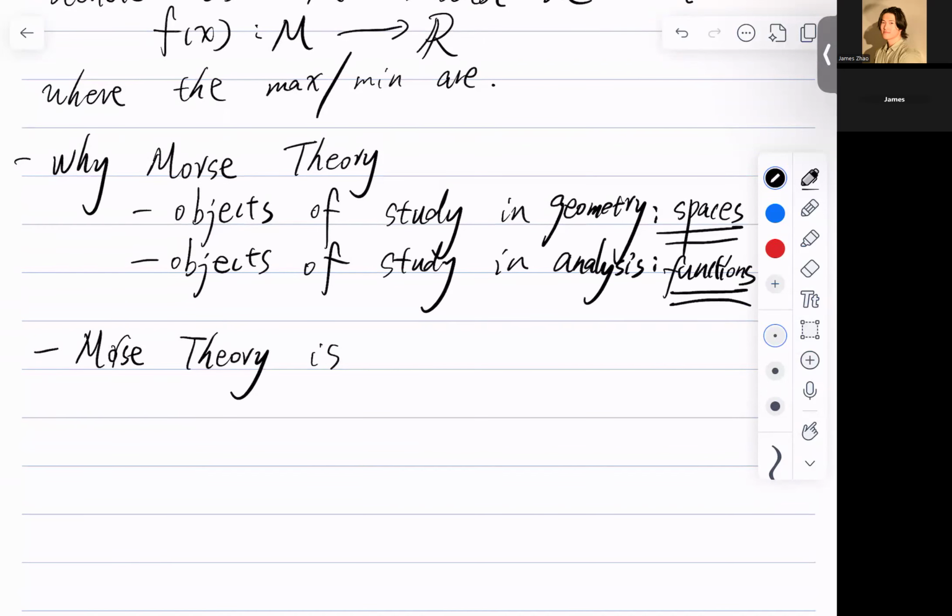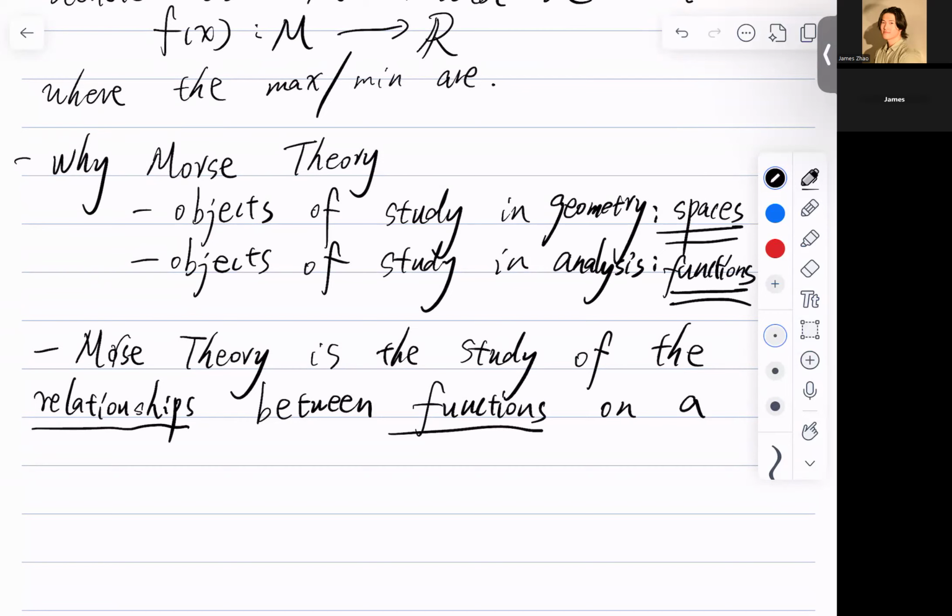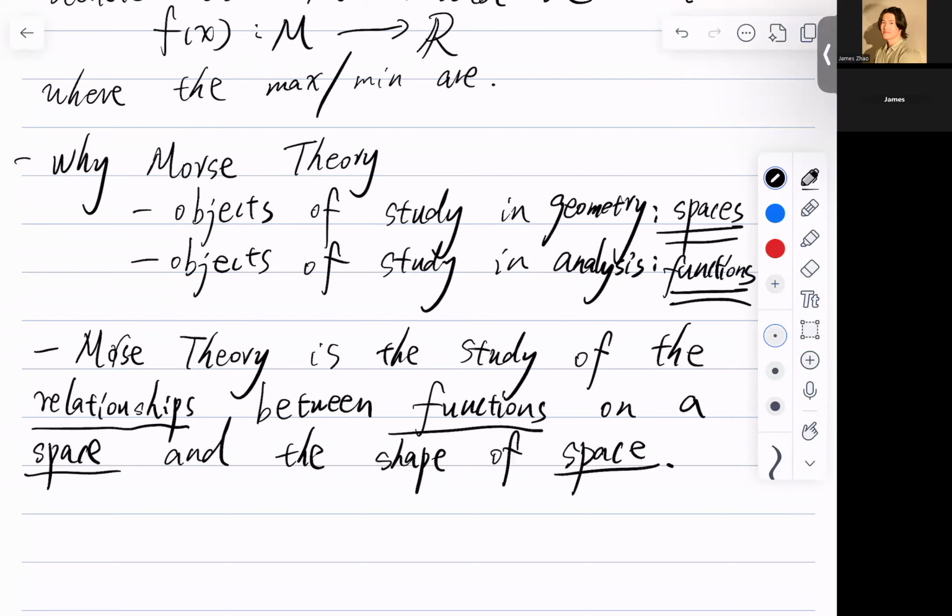Morse theory is the study of the relationship between functions on a space and the shape of the space. So those two mathematical objects of interest are basically what Morse theory is.